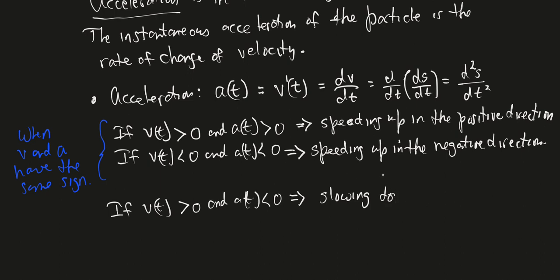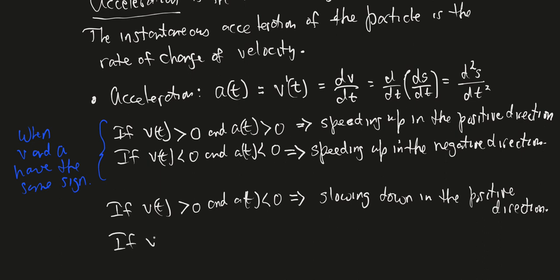So slowing down in the positive direction. Right, and then one other possibility. Now, here I'm assuming that the object isn't at rest, right? I'm assuming that there's movement in some direction.